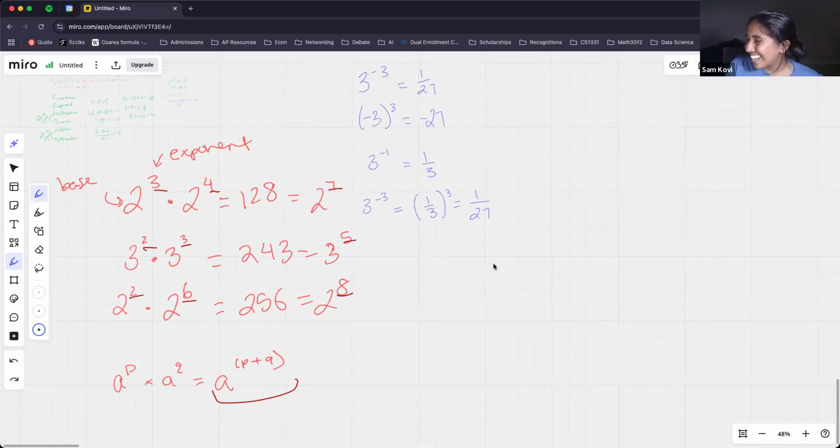Let's do fours. Let's say we had 4 to the power of 6 divided by 4 to the power of 2. What is that equal to? Okay, I see 4 cubed, 64. I also see 256. Does anyone have something different from these two? Okay, no different answers. Cool.